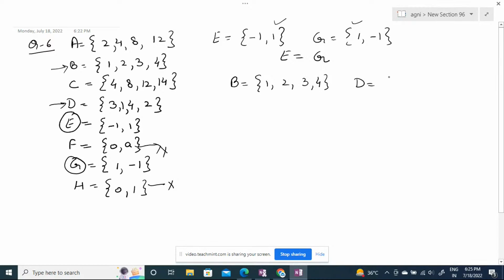In D we have 3, 1, 4 and 2. So order doesn't matter much. We have 4 terms, and 1, 3, 4, 2. So that means B is equal to D. Now 4, 8, 12, 14 and 2, 4, 8, 12. So A and C, they can't be equal to each other. So only two pairs are equal to each other and nothing else.